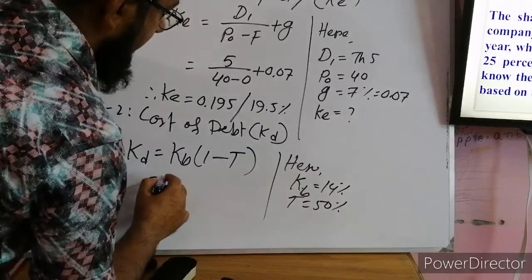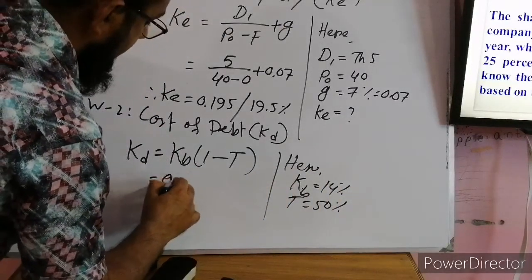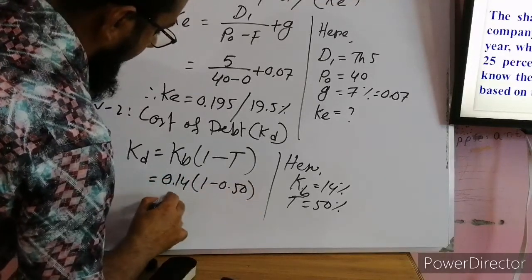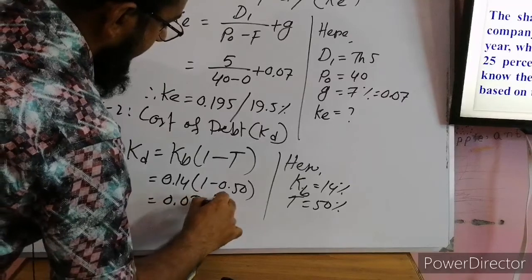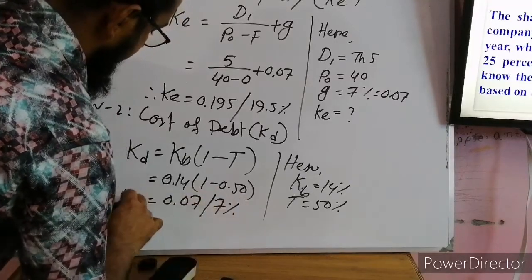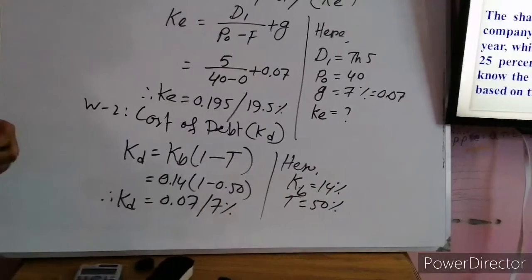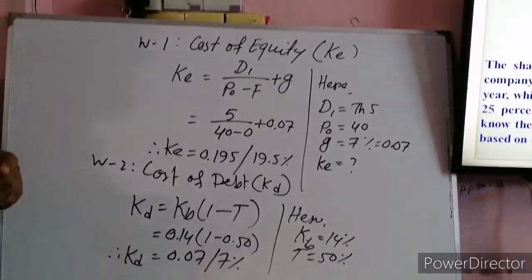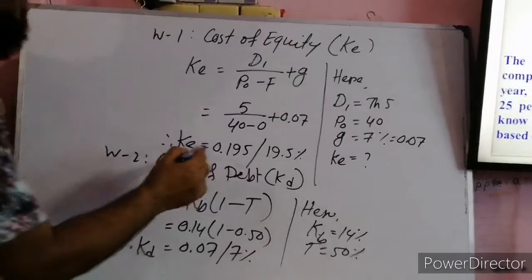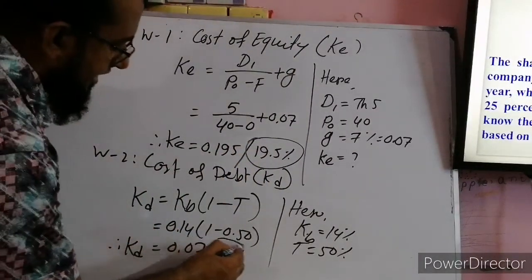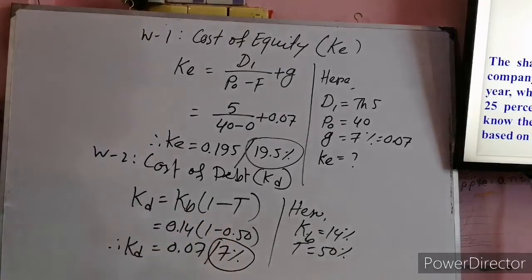You have to adjust 0.14 (1 minus 0.50), that is 0.07 or 7% is KD. So as a financial manager, you have calculated cost of equity is 9.5% and cost of debenture after tax 7%.